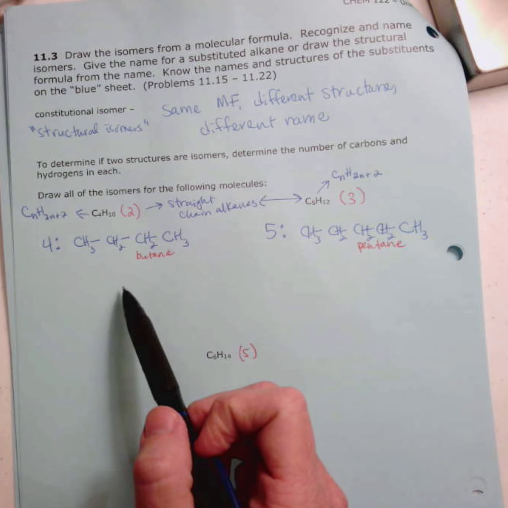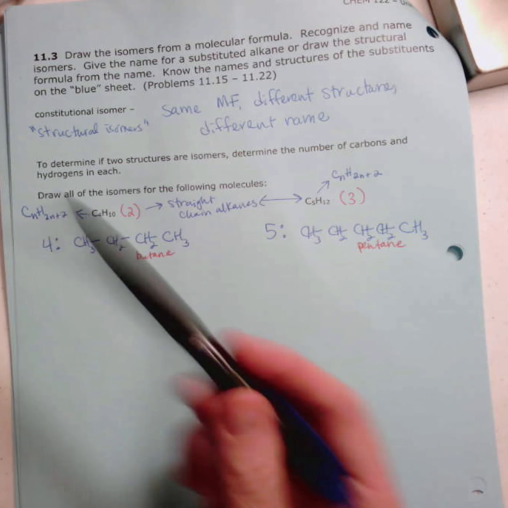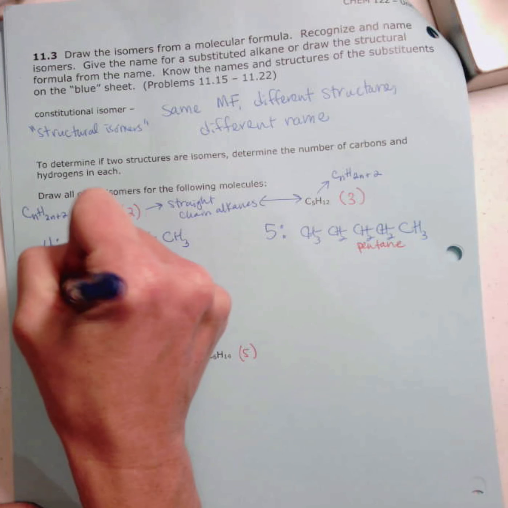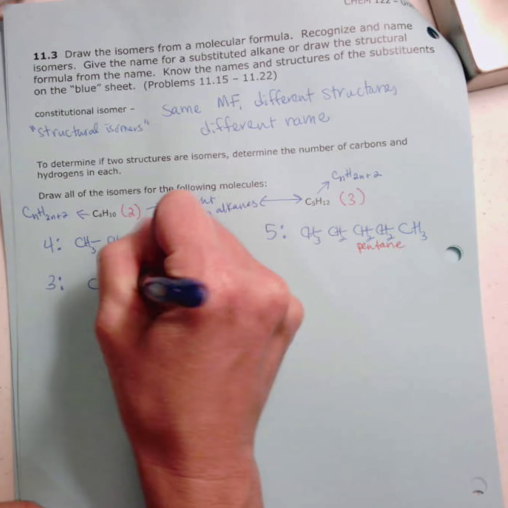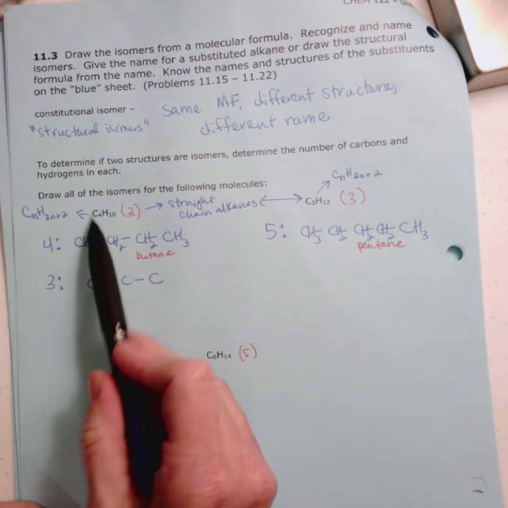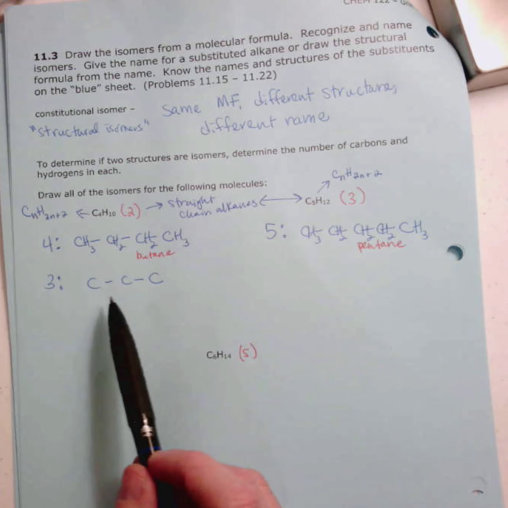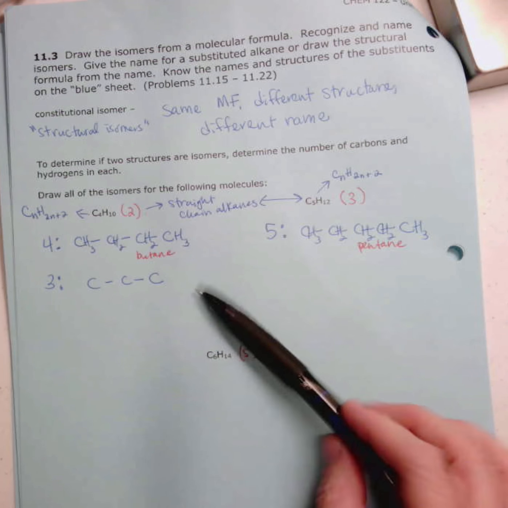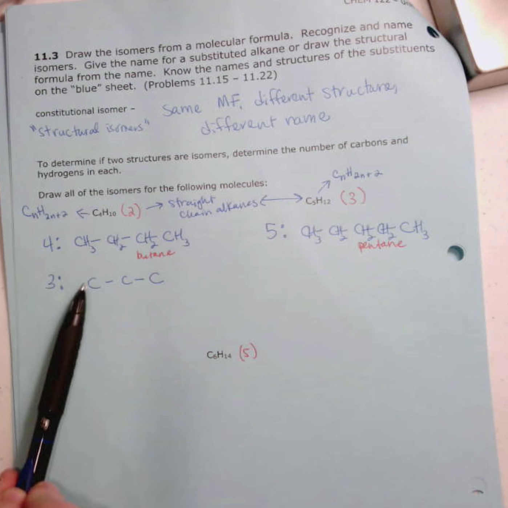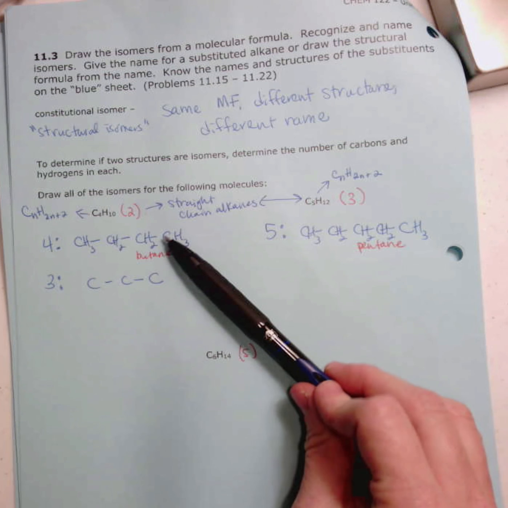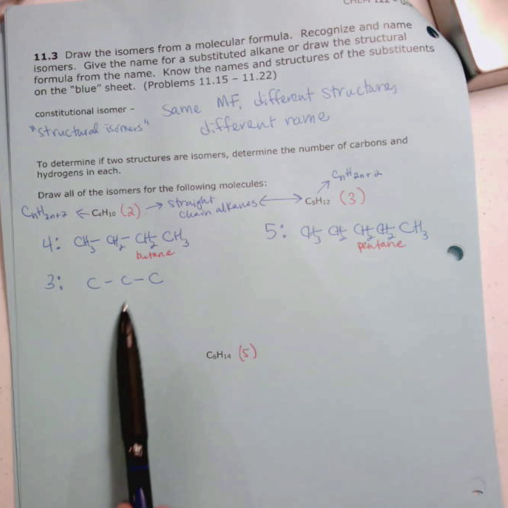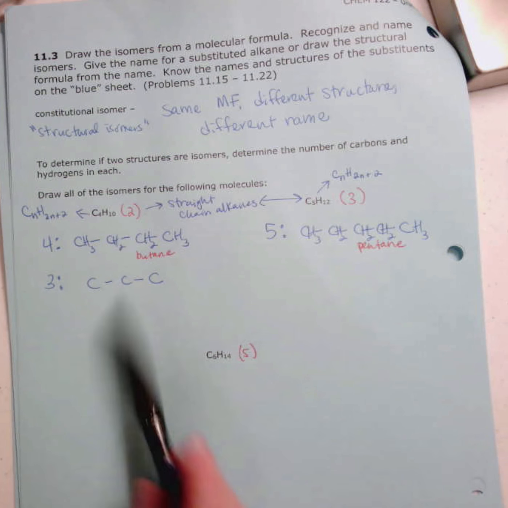It's still going to be called butane if I keep a chain of 4. So I'm going to move down to a chain of 3. Well, if I move down to a chain of 3, in order to get C4, I have to park a carbon somewhere. So I have to park a methyl group. If I park it at the ends, I'm just going to get butane again. However, if I park it in the center carbon, that is not butane.